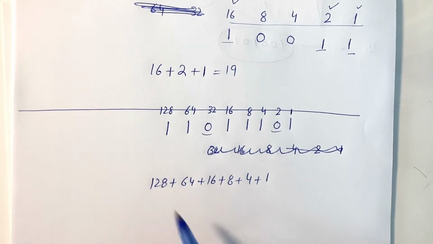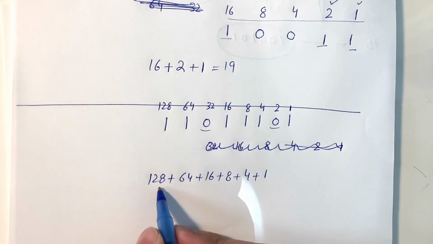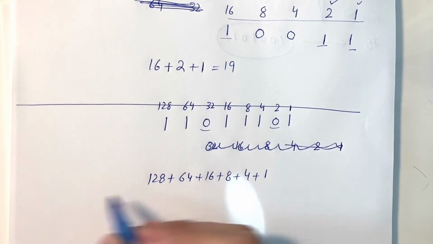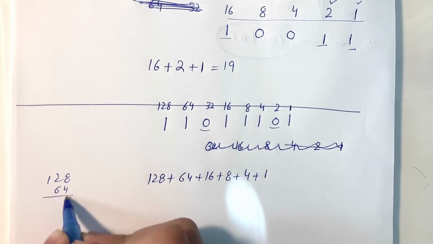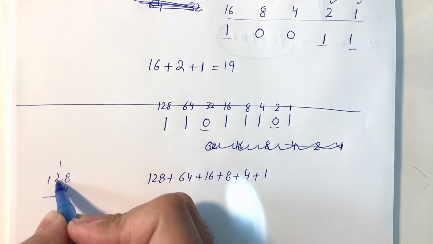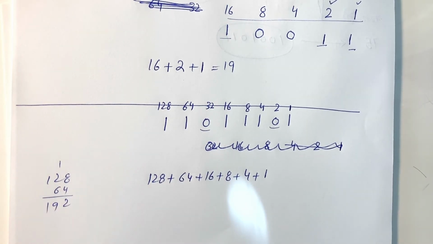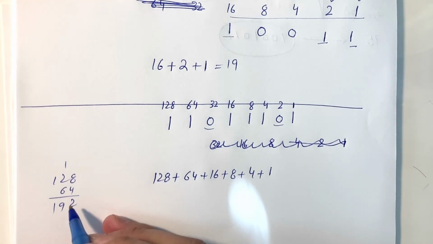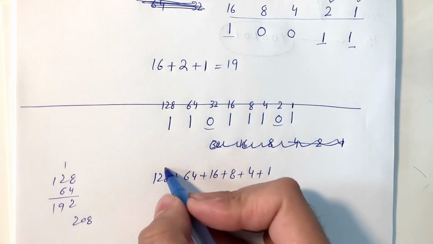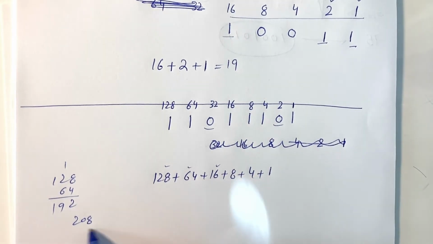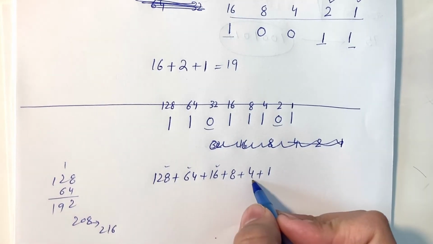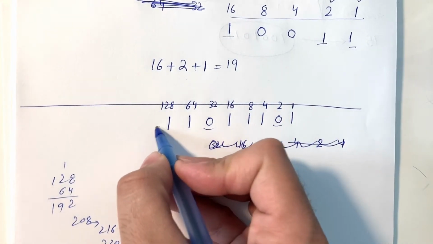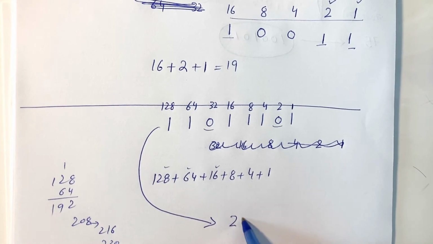So just start adding them together. 128 plus 64 is 192. 192 plus 16 is 208. 208 plus 8 is 216. 216 plus 4 is 220. And 1 is 221. So the decimal value is 221.